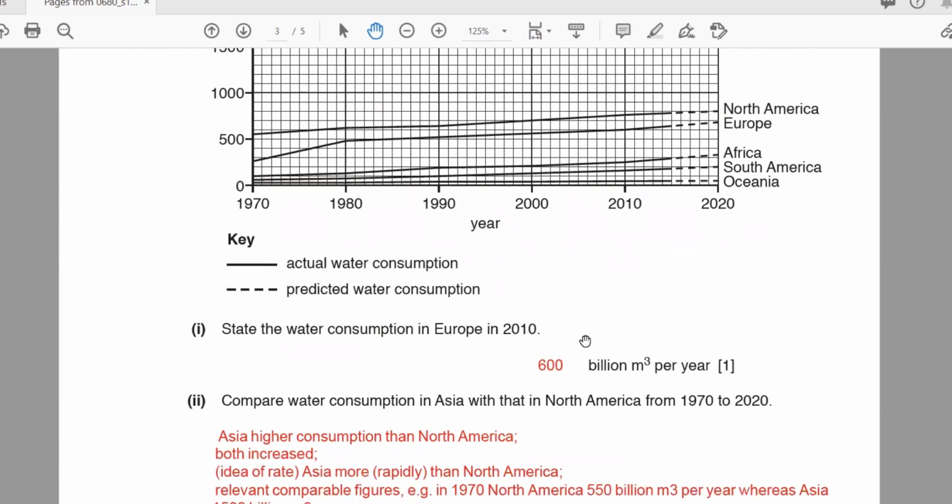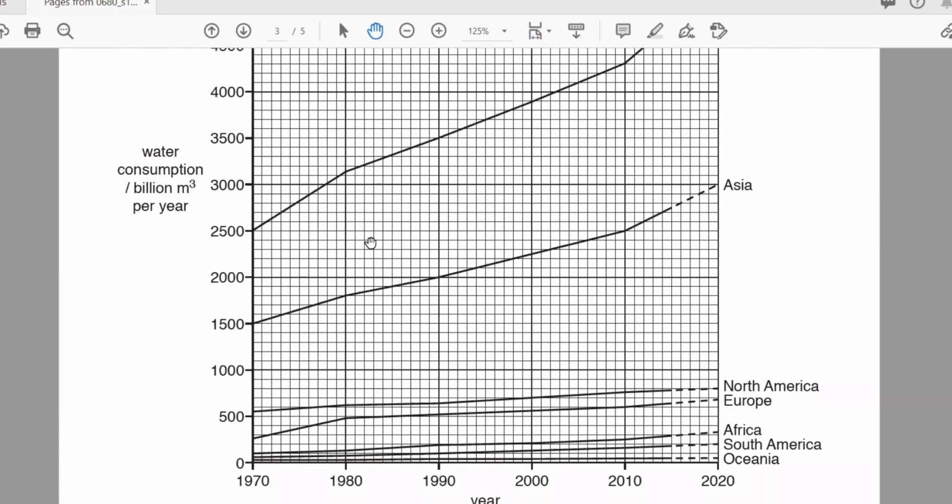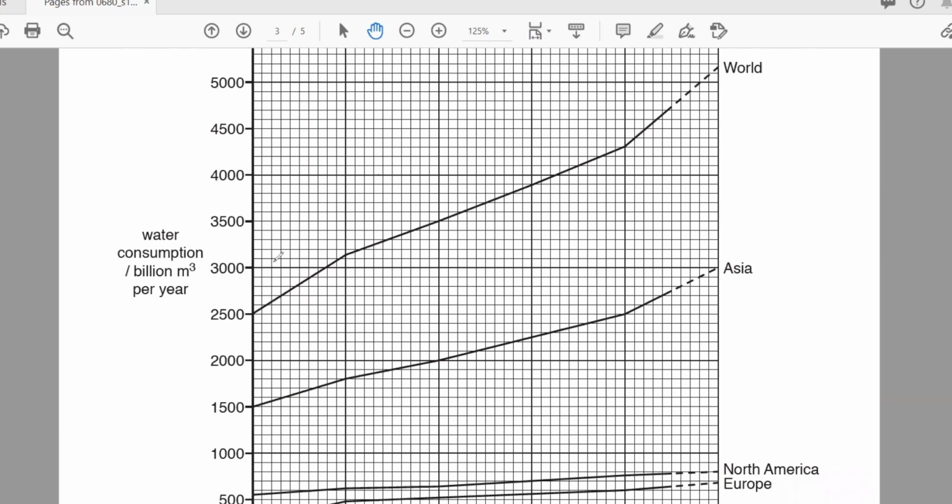And here you can also give the values. As I told you, it was 550, and now how much is this one? So put the values when you give the facts. For example, you'll say North America 500 and Asia 1500, but after 15 it will become this much.